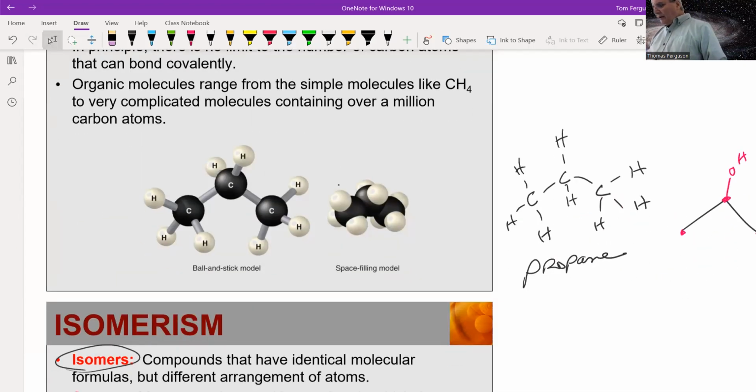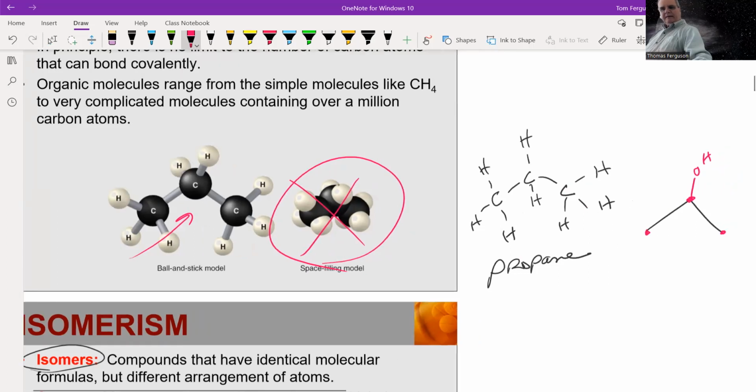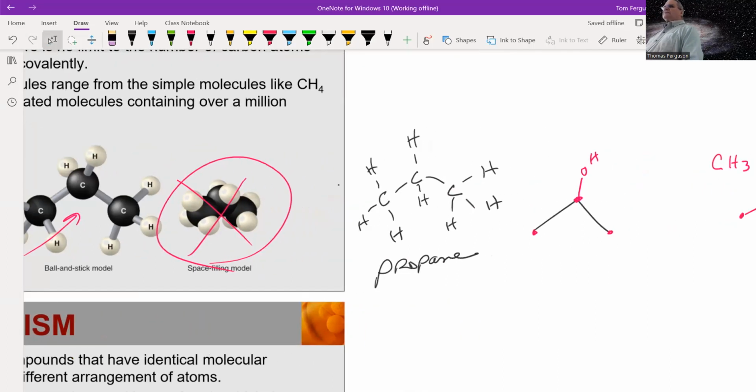Now, the space filling model is not used very much. They frequently will show it, but to me, it doesn't show much information. Ball and stick models are sometimes used. Most of the time, we're going to be using line drawings, particularly in the biochemical phases of each one of these.